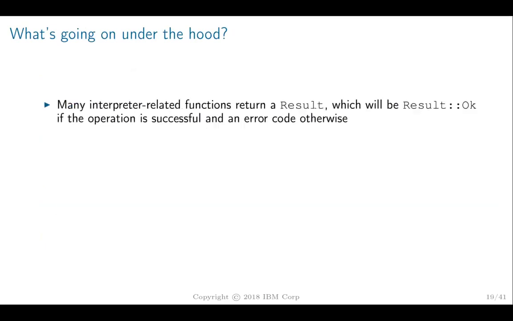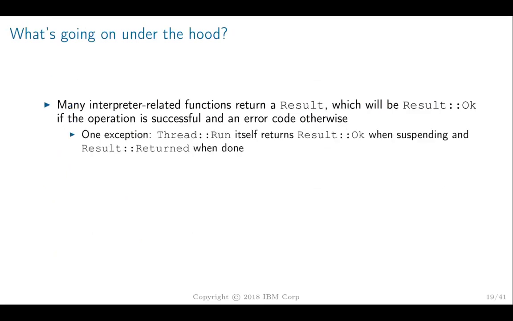There are a lot of interpreter-related functions that return this thing called a result. Basically just a fancy word for error code. If it's result okay, it was successful. Otherwise, it's some error code. Except thread run, which has this other weird code, which is result returned, which just means it finished running.